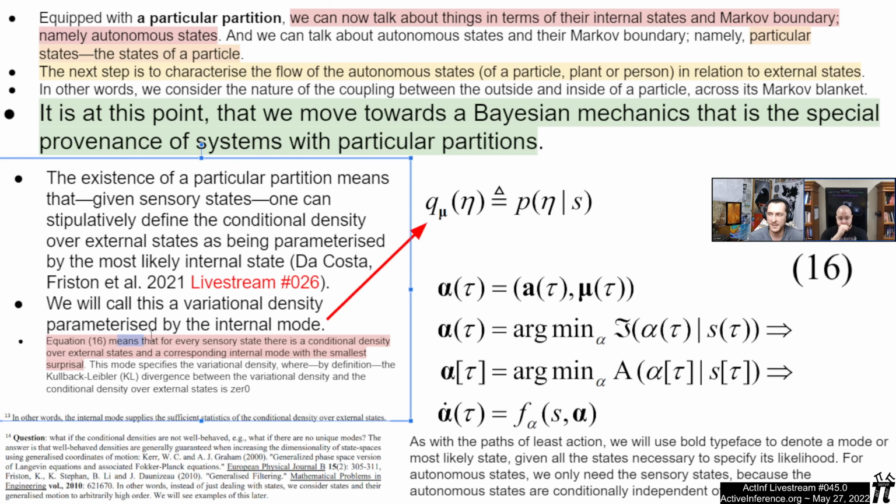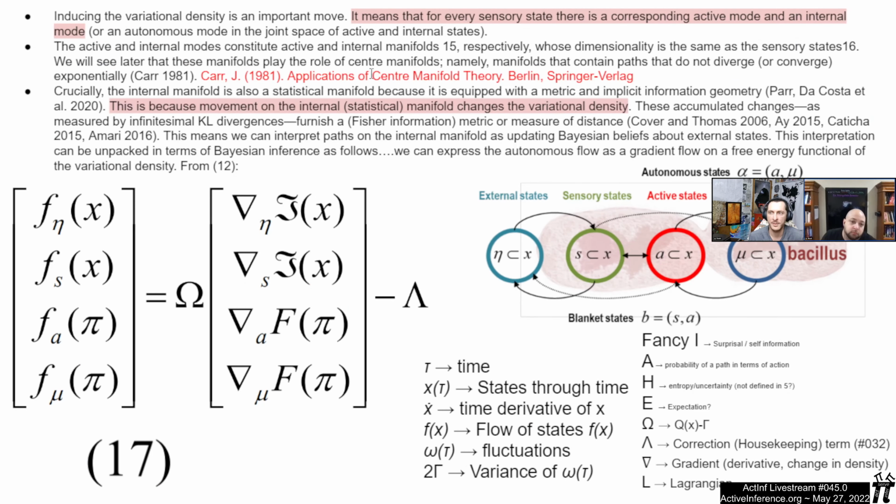Equation 16 means that for every sensory state, there's a conditional density over external states and a corresponding internal mode with the smallest surprisal. This mode specifies the variational density, where by definition, the KL divergence between the variational density and the conditional density over external states is 0. More formalisms, more details.